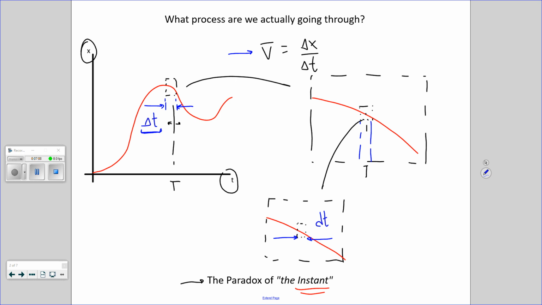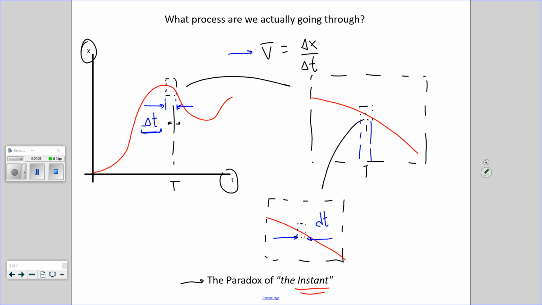And here's the thing, we usually say we want to know what the instantaneous velocity is, so what we do is we take the slope of the tangent, right? But we can't really take a tangent, because a tangent only touches that curve in one place.